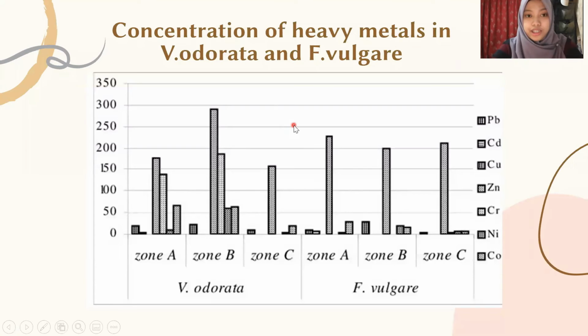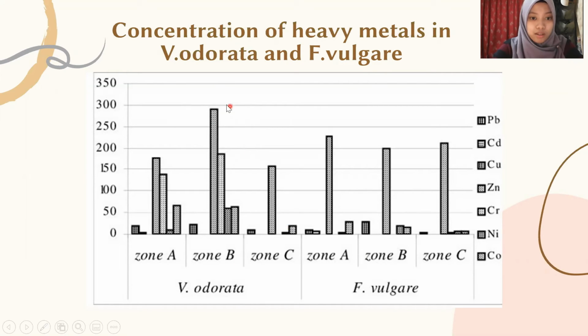The figure shown here is the concentration of heavy metals in B. odorata and F. vulgare, which come from zone A, zone B, and zone C. And as you can see here, there is a higher level of zinc in these two herbal drugs.